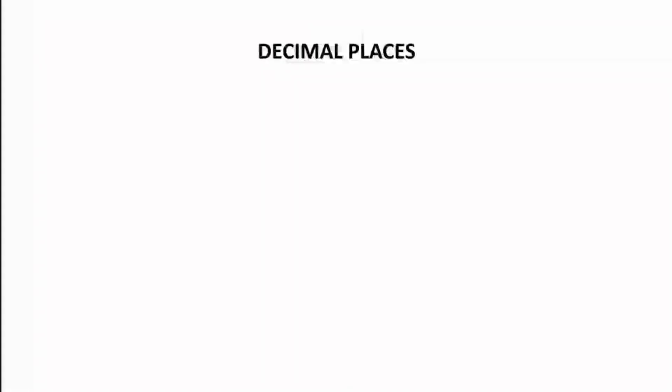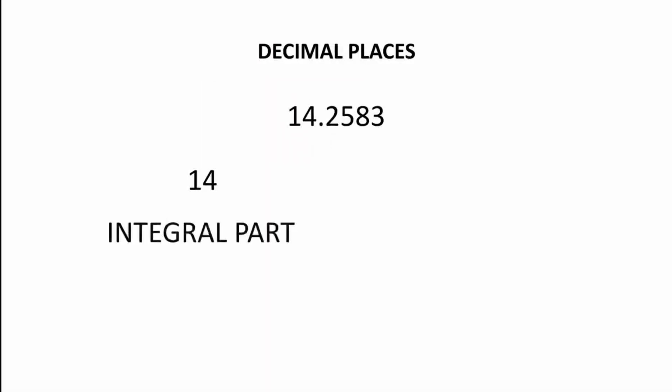Decimal places. So here we take any decimal number like 14.2583. This 14 is a whole number. So this 14 of the decimal number will be called the integral part. And this part after the decimal, that is 0.2583, is called the decimal part.